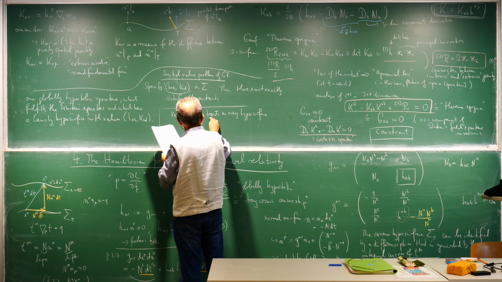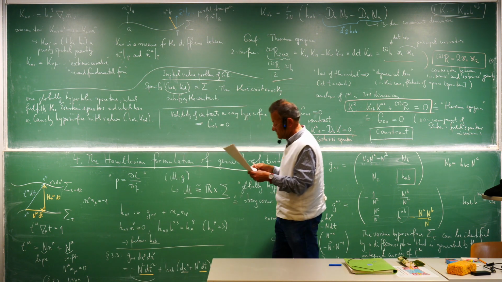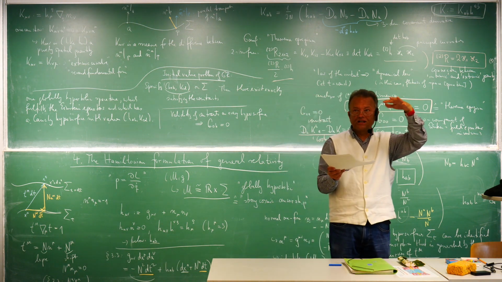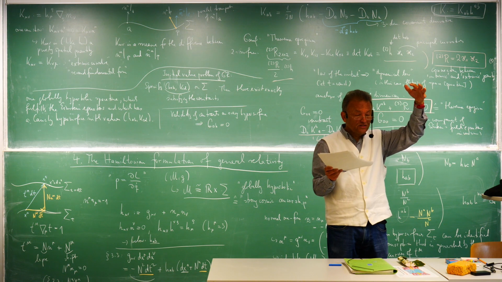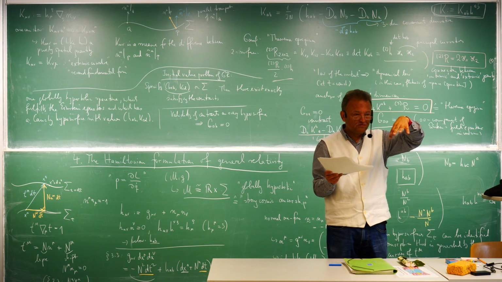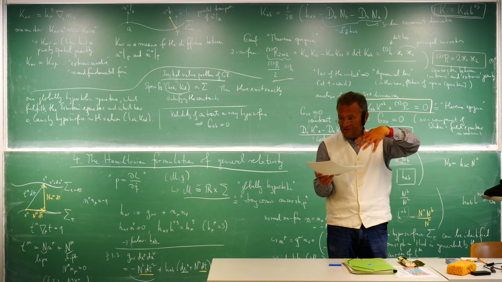Then you can show that also the remaining Einstein equations must hold. That is, you cannot proceed from one hypersurface to the other by having the constraints, but not having the other Einstein equations, which are really the dynamical equations because they have second time derivatives.